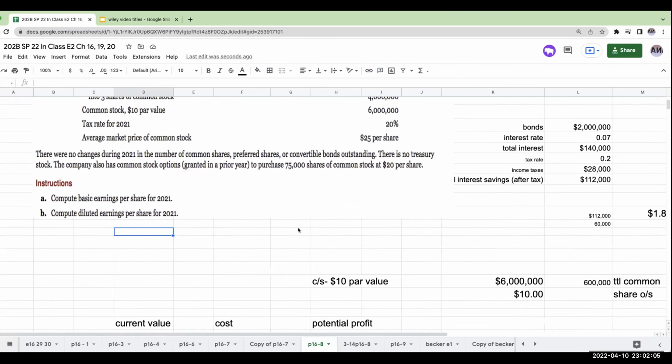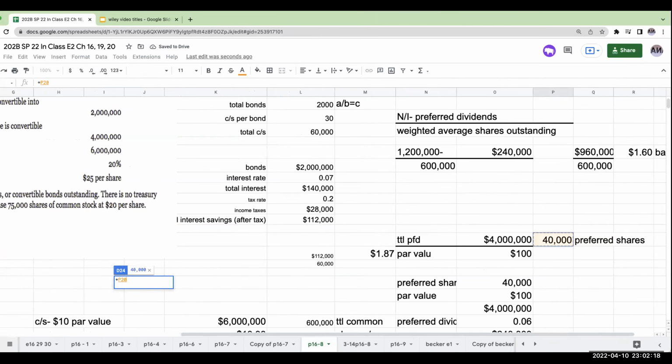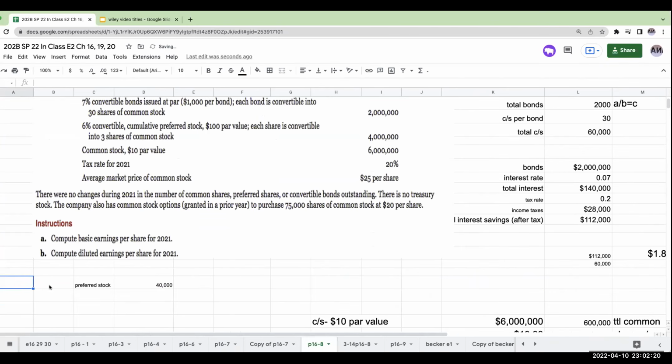Okay, so for the preferred stock, we said, how many shares of preferred stock do we have? Well, Bennett, you went through and did that work earlier, so great.